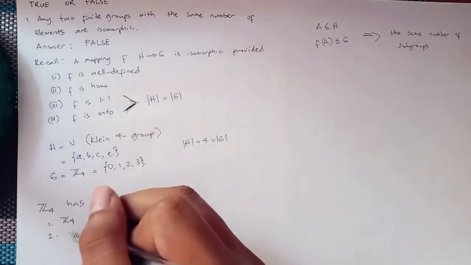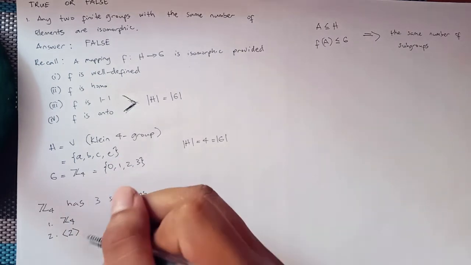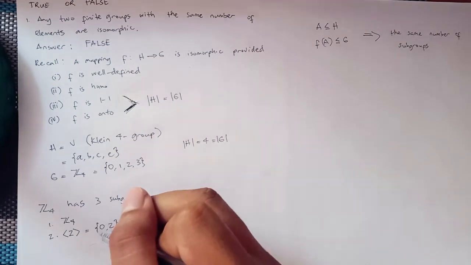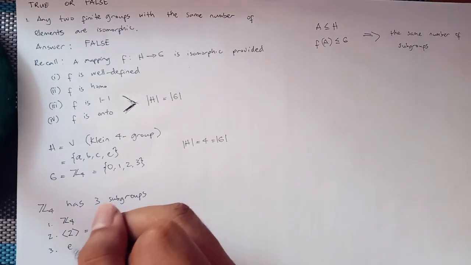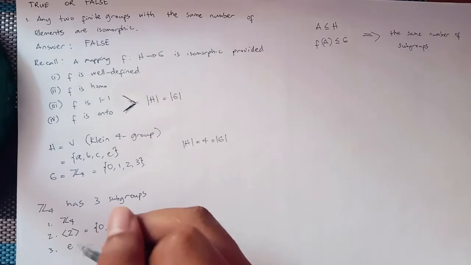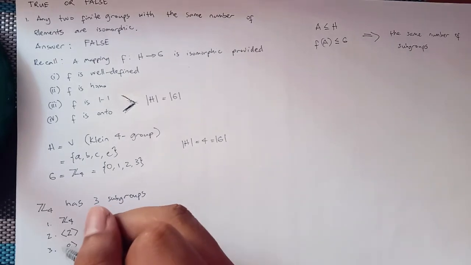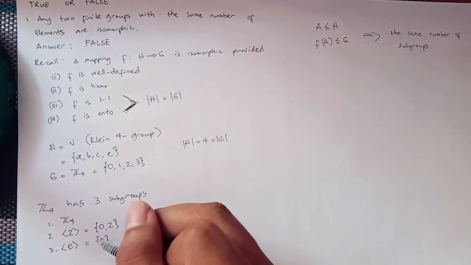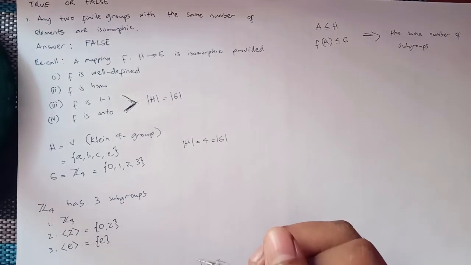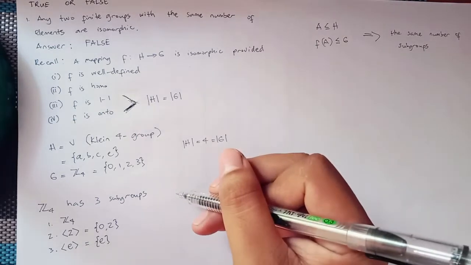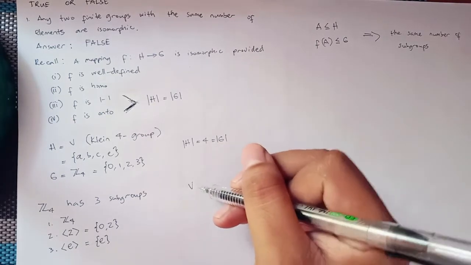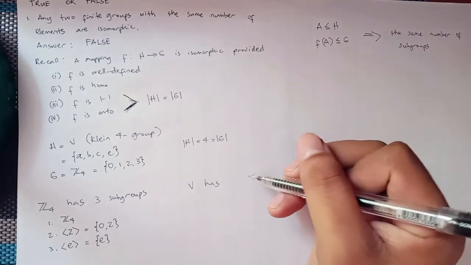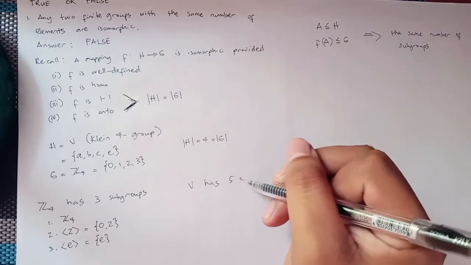Number 2 is the subgroup generated by 2, which has elements 0 and 2. And lastly is the subgroup generated by the identity, or the identity itself. The identity is a subgroup, and the Klein-four group, or V, has five subgroups.